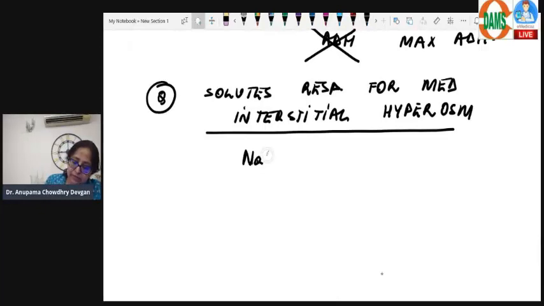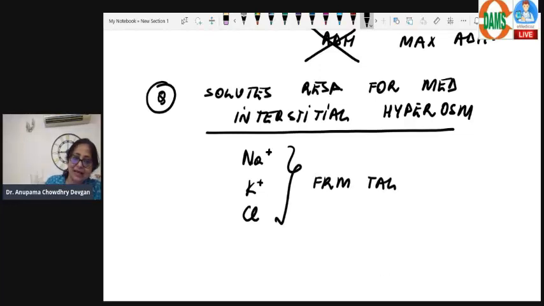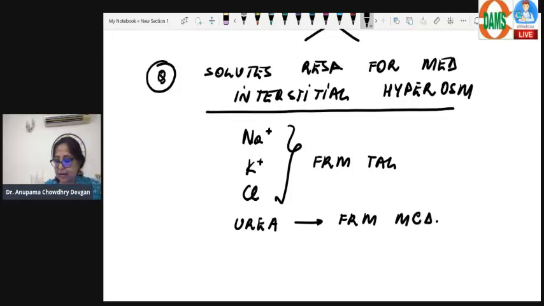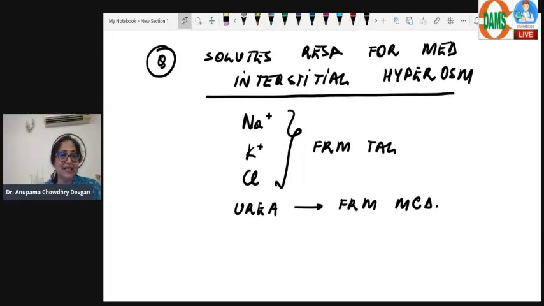This is going to be sodium, potassium, chloride from the thick ascending limb, and also urea. Urea will be from the medullary collecting duct. Okay?